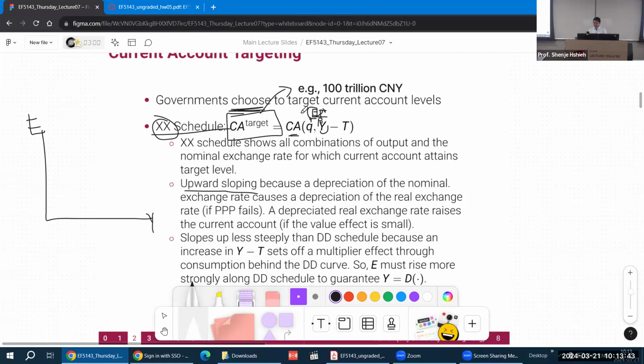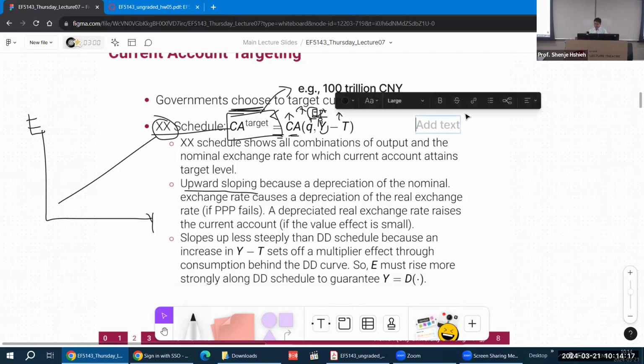If E increases, which means Q increases, which means CA increases, then we will exceed our target, correct? But in order to undo this increase, we have to change Y somehow. We know Y minus T is negatively related with CA, so increasing Y will undo this increase in the current account to restore equality. So increasing E leads to increasing Y, so it's going to be upward sloping. Agree?